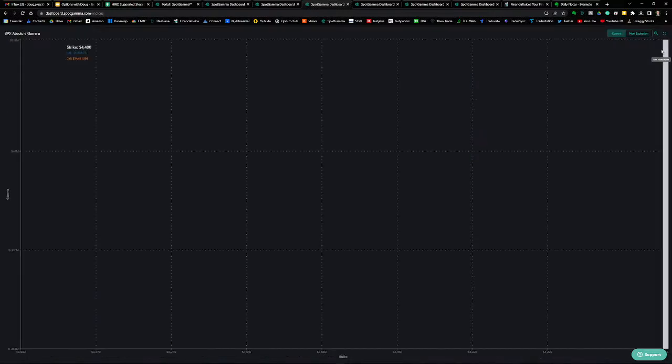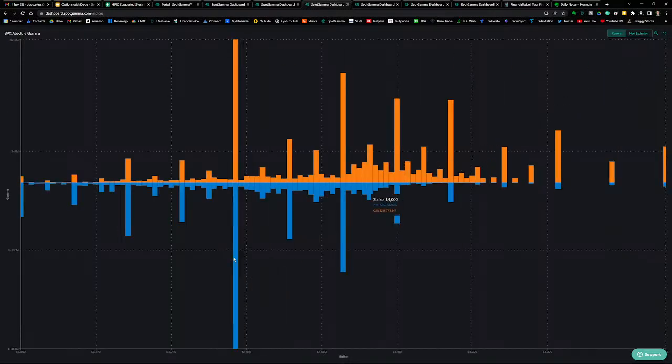So first of all, this is SPX. There's the 4000 strike, the strike with the largest absolute gamma. And the zero line is what's separating the orange bars from the blue bars. So the orange bars are positive gamma, or call gamma, and the blue bars are negative gamma or put gamma. And again, this is the 4000 strike, the strike with the largest absolute gamma.